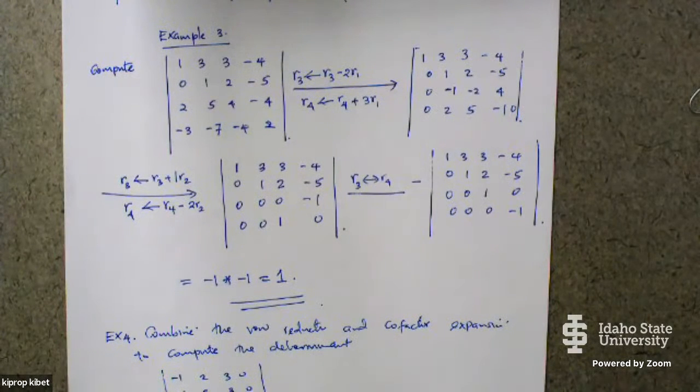So we will do example 4, combining the row reduction and the cofactor method to compute the determinant of this matrix.